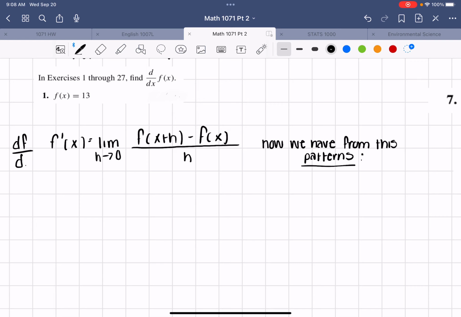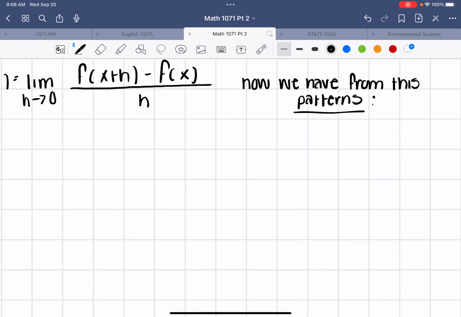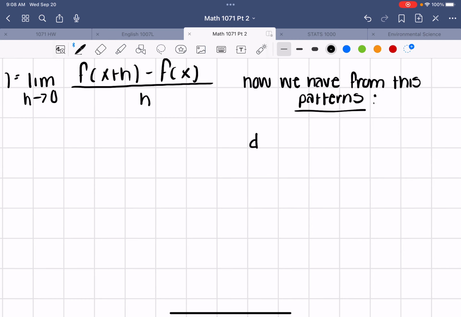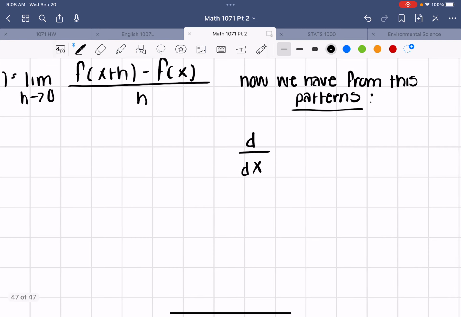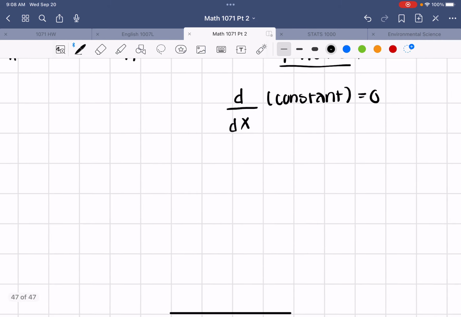But in order to sum up some of the patterns now, we've seen that the derivative of a constant is 0. And we've seen that if you've got some coefficient m times x, the derivative is just m. Coefficients stay.